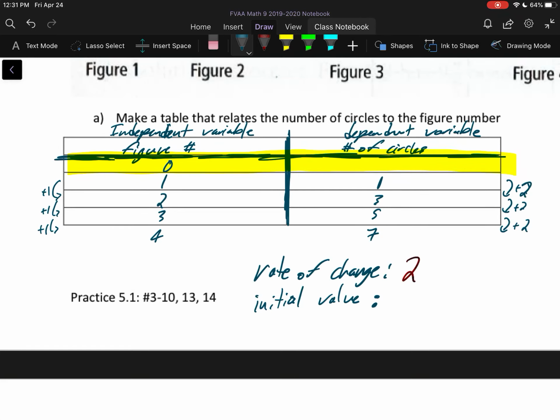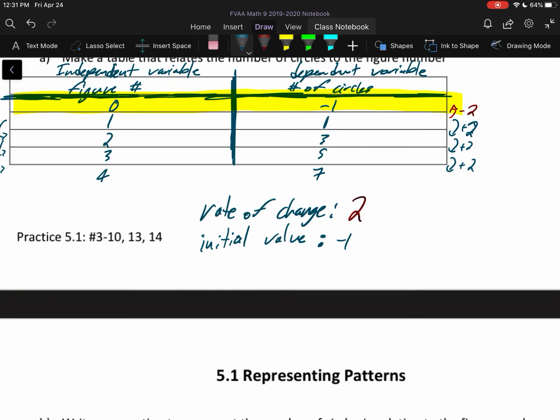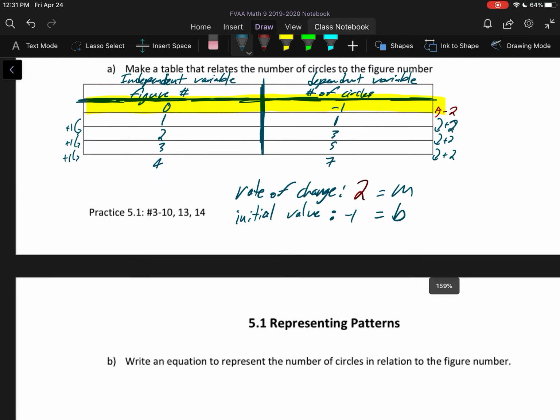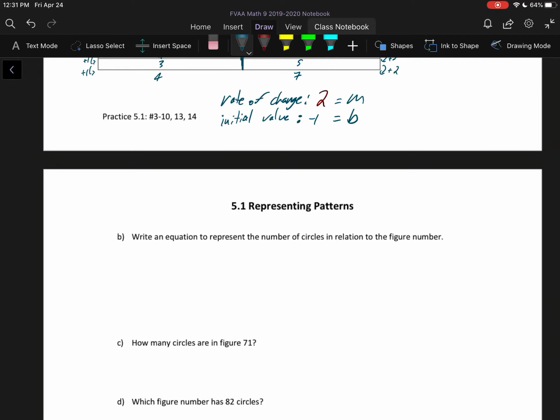How many circles would there be if my figure number was 0? Because I know that the number of circles increases by 2 each time, if I subtract 2, I'd get my initial value, which is -1. So -1. And I know that my rate of change is m, and my initial value is b. So now I can create my equation, which is what they want us to do here.